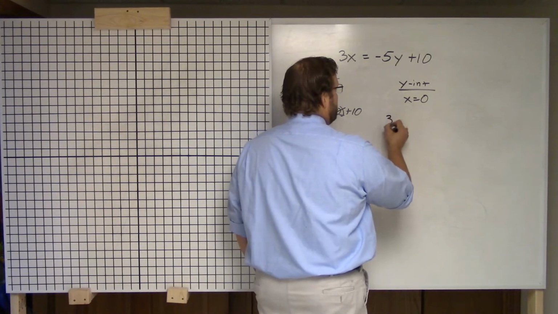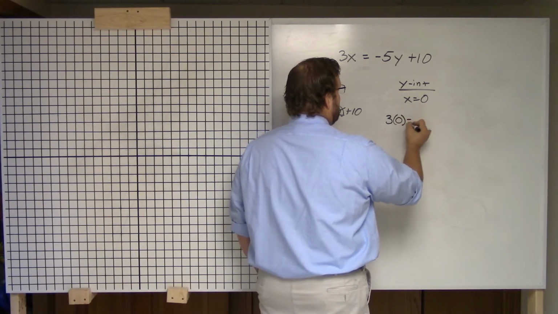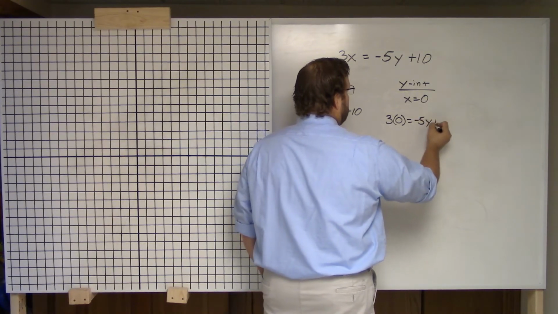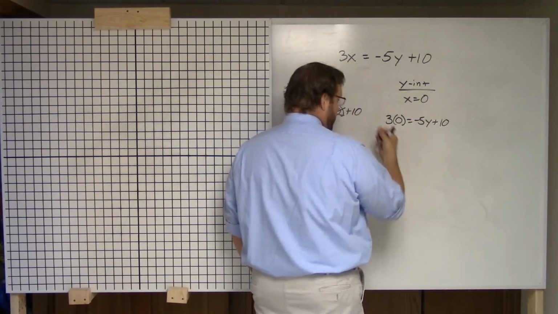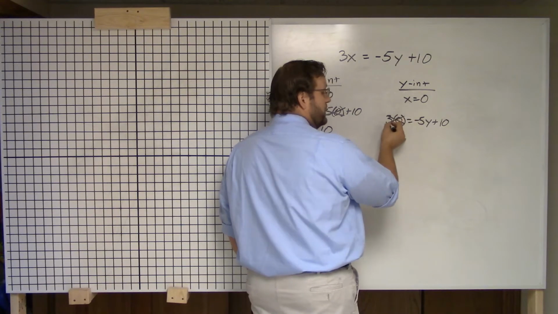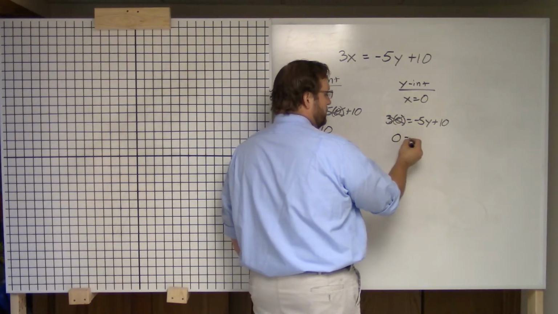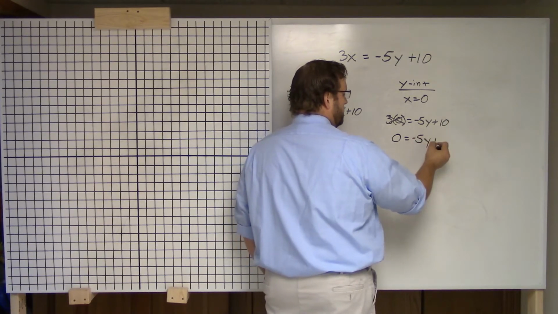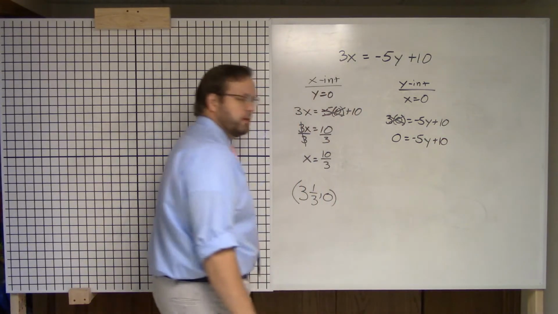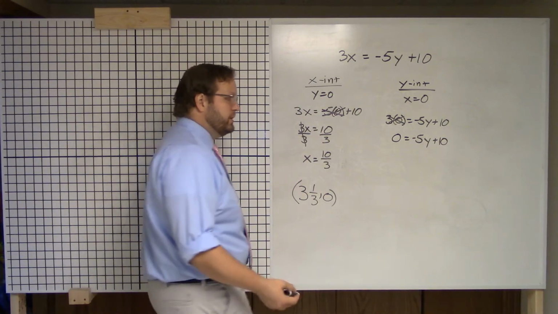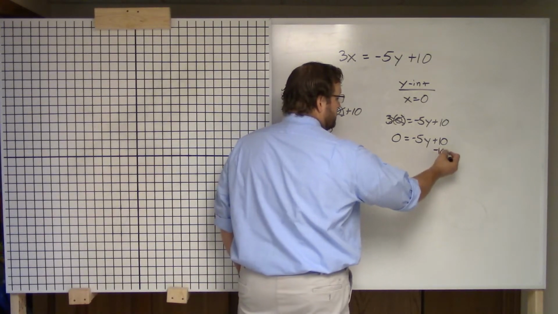We've got 3 times 0 equals negative 5y plus 10. So this goes away. Now careful, that doesn't mean that this side's gone. It's just a 0. And now we solve from there. Subtract a 10.